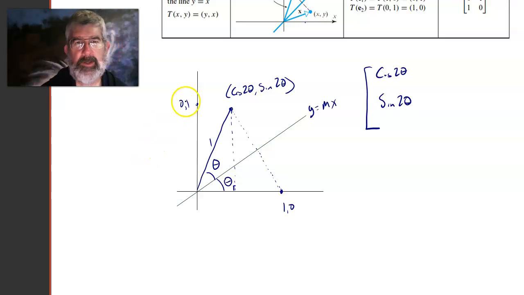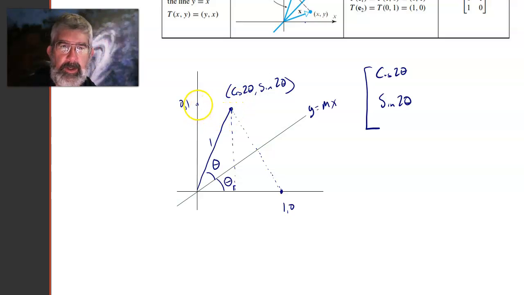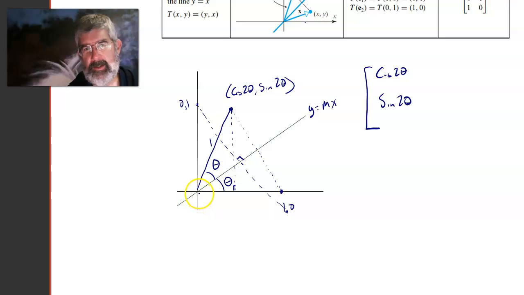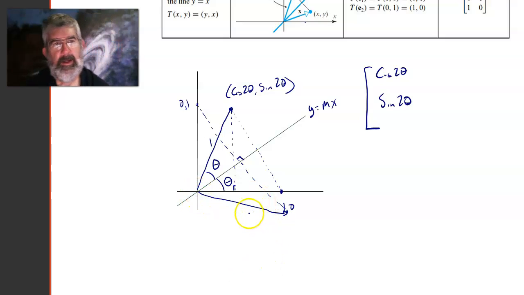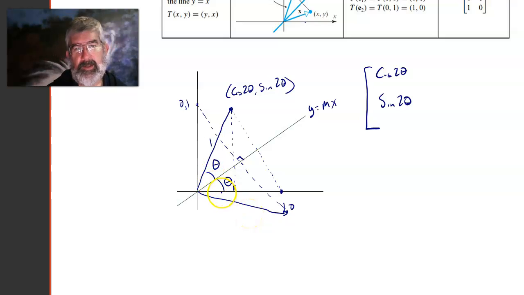Now, the next thing I've got to figure out is where does (0, 1) go? Well, it's going to be the same thing: you drop a perpendicular down here, and then you keep going the same amount on the other side, and it'll end up down here somewhere. What I need to do is figure out what this angle is right here so that I can use cosine and sine of that angle, again, because I know the hypotenuse is 1, because that distance from here up to there was 1.